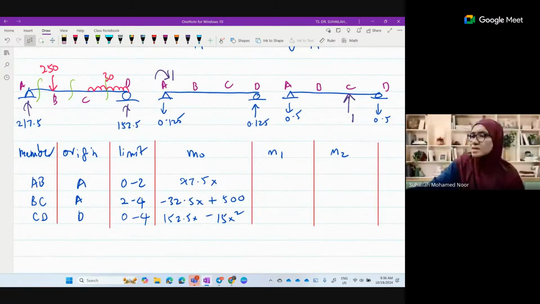So next we do redundant number 1, redundant MA applied, same cutting section.